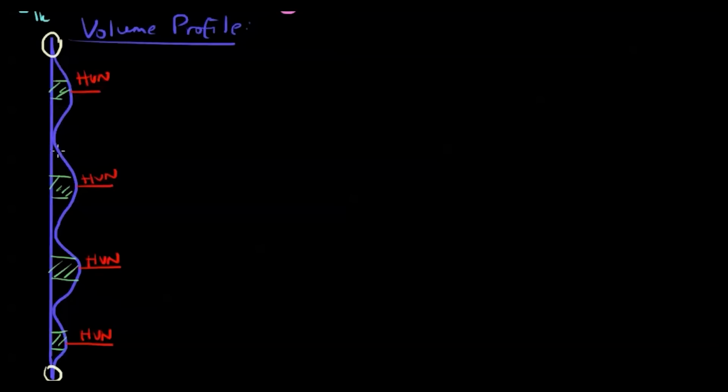So what would you think these are called right here? This, and this. Well, this is called a low volume node. And these levels are areas where the market did very little volume. In fact, these are most probably the good levels.